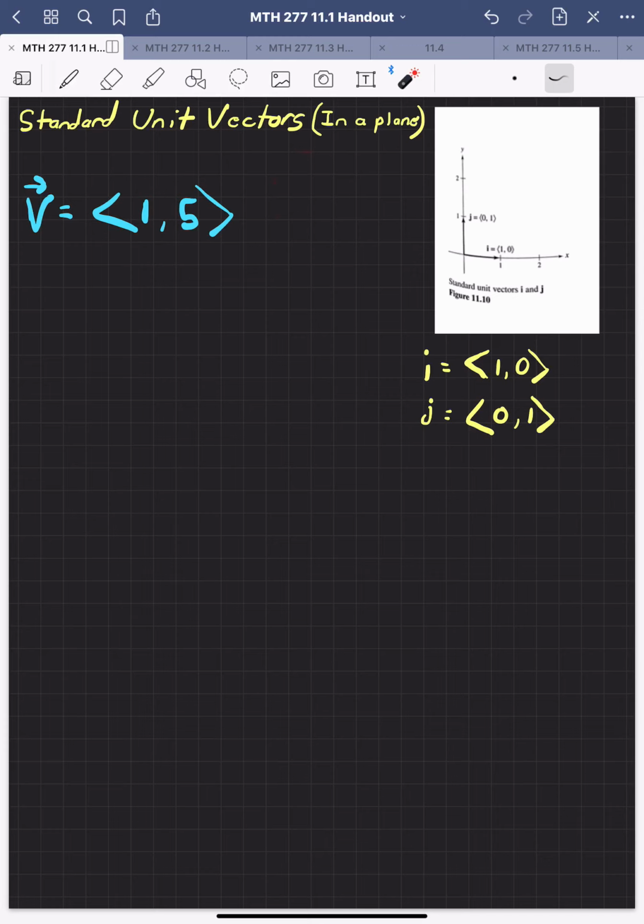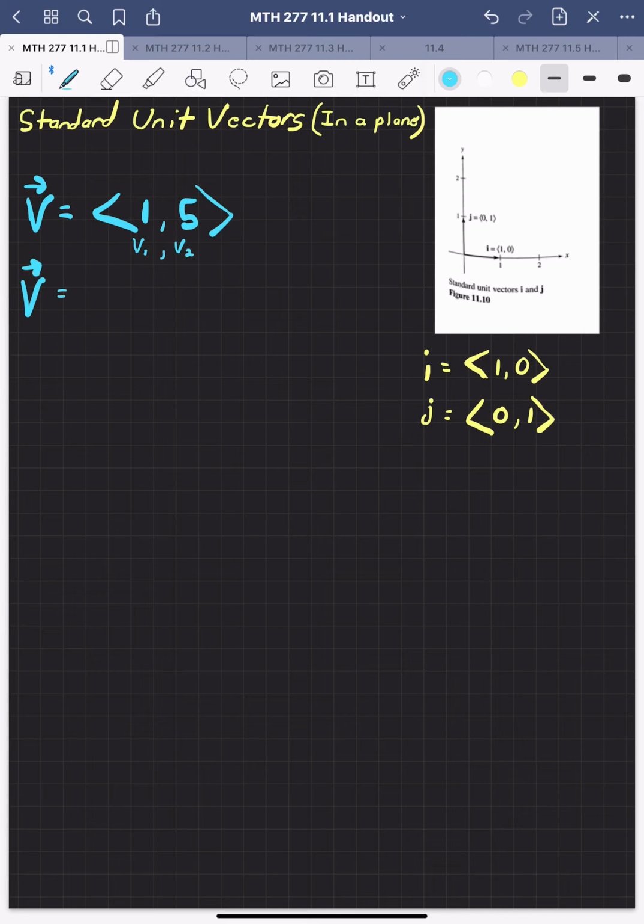Now, let's think about how you would write it using this new notation, this standard unit vector notation with i and j. Since the 1, we normally think of as the v sub 1 component, and the 5 as the v sub 2 component.